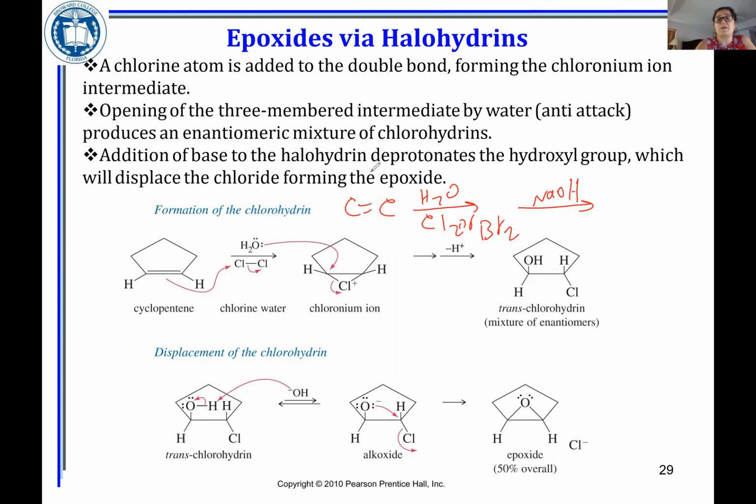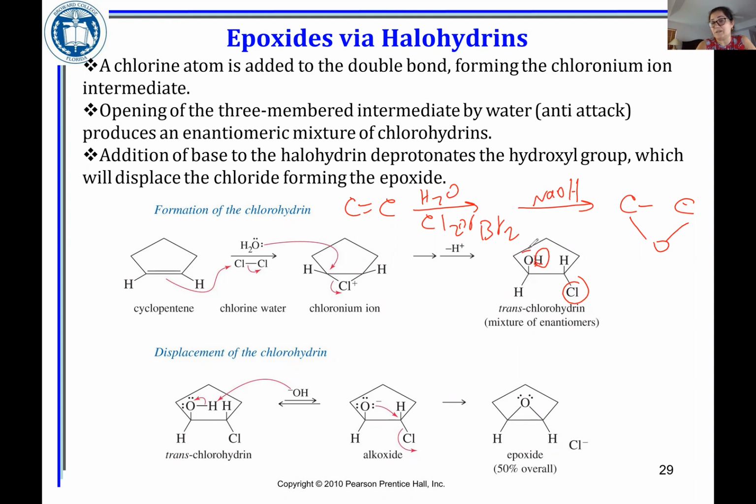So the final product of these two steps, when you have a two-step reaction, they are either separated by numbers or by two separate arrows, and the final product for that is going to be an epoxide. Now, if you were going to look for the mechanism for the reaction, after you have the halohydrin, the OH is going to be deprotonated, the H plus is going to be abstracted by the base.